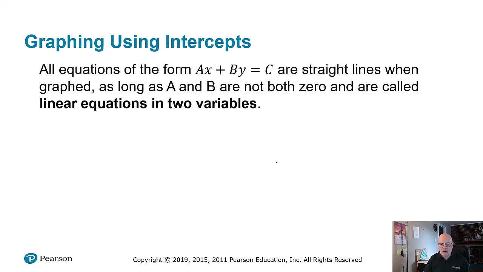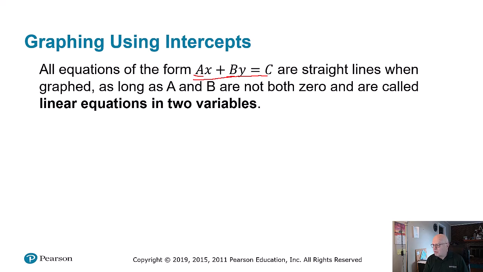So first of all, if you have an equation of this form right here, ax plus by equals c, where a, b, and c are just regular numbers, and a and b are not both 0. One of them could be, but not both of them. Otherwise, we don't have an equation at all, really.